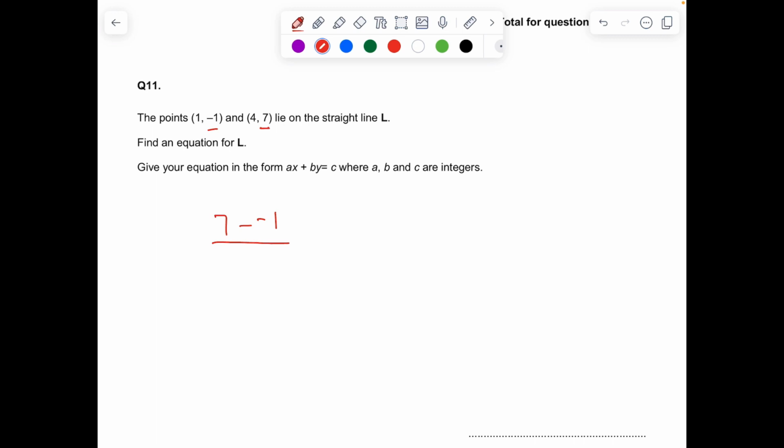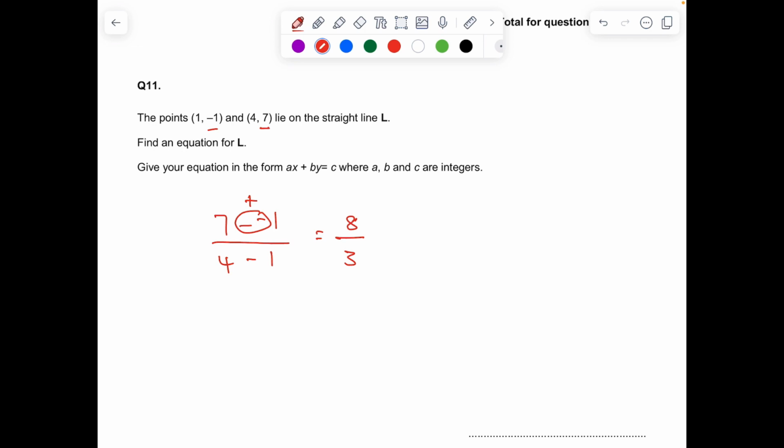Now the x is subtracted, 4 take away 1. So this makes a plus. So 7 plus 1 is 8 over 3. 4 take away 1 is 3. I personally would leave it as a fraction, otherwise it's going to get very messy. So you got 1 mark for that.